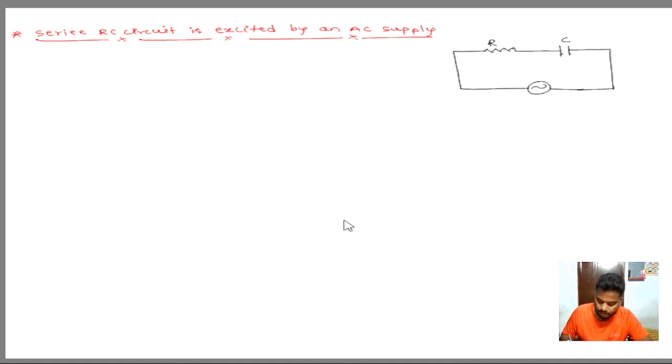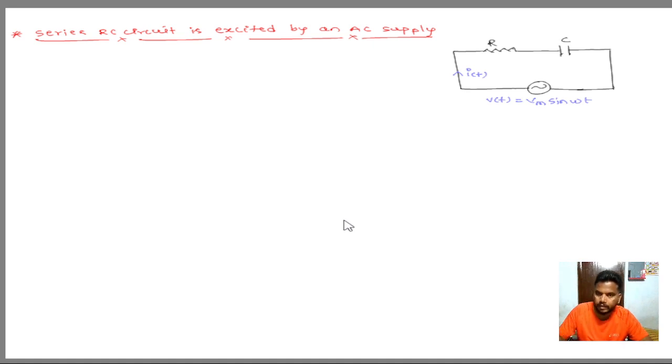The supply voltage v of t is the instantaneous applied voltage. Remember, small v means instantaneous value. It is Vm sine omega t. When alternating voltage is applied to the series RC combination, alternating current i of t flows.